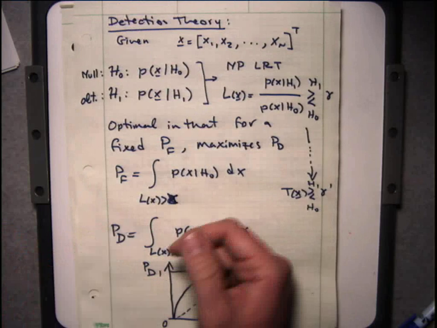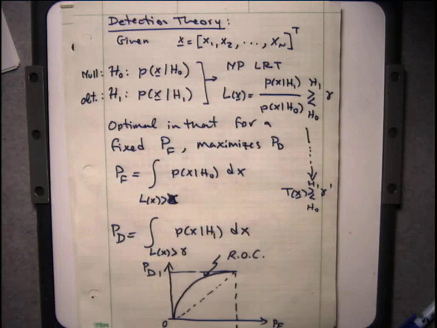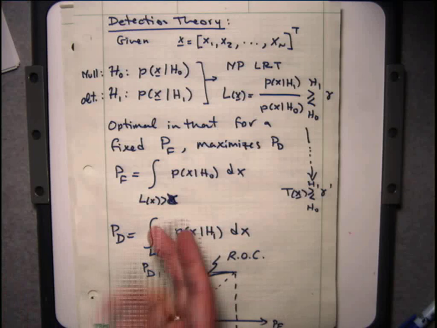So the implication is that if you fix that threshold to 1, now both the false alarm and the detection are fixed. There's really nothing else you can do. Do you see what I mean? And it doesn't have any interpretation if you set the threshold equal to 1?